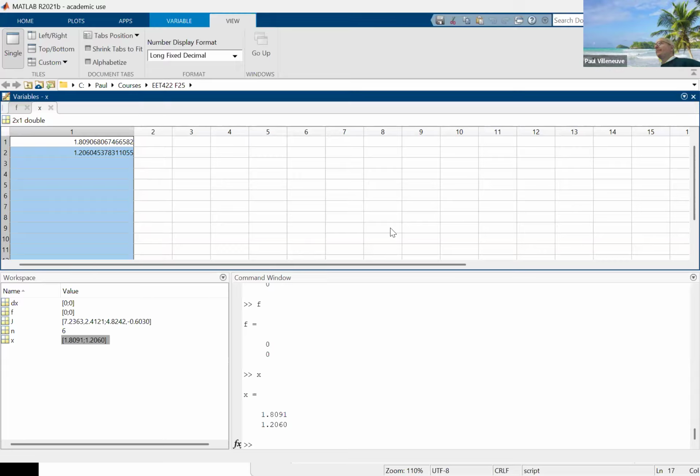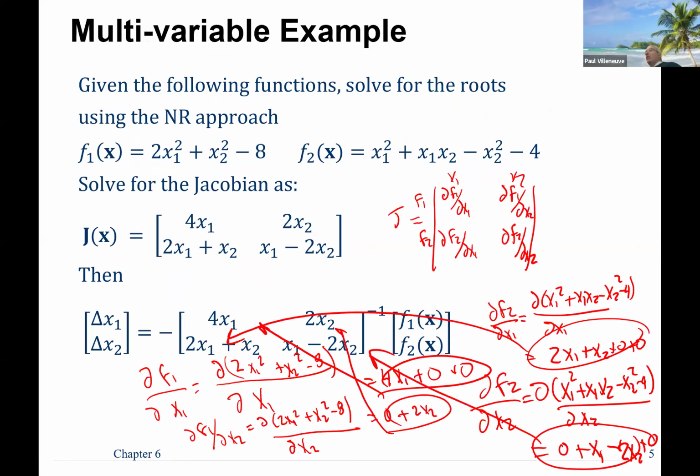Okay? And even with solving these two equations, it's very difficult to visualize where they're going to intersect, right? Because you would be plotting X1 and X2, and you have F1 and F2, and you'd have to plot where they converge.